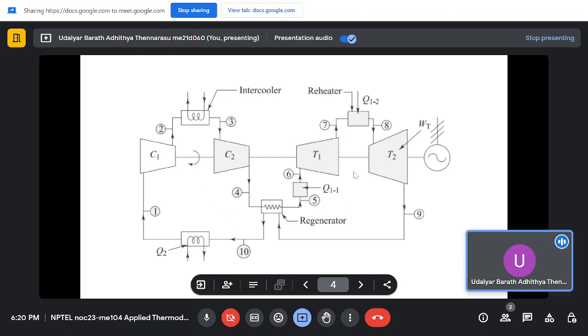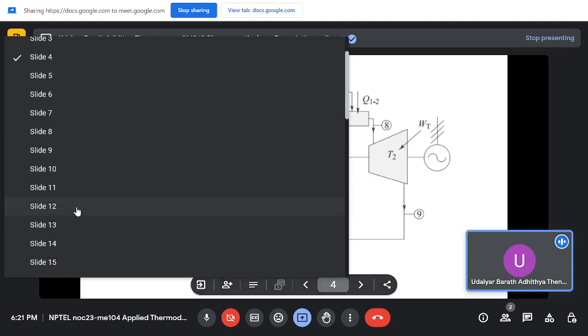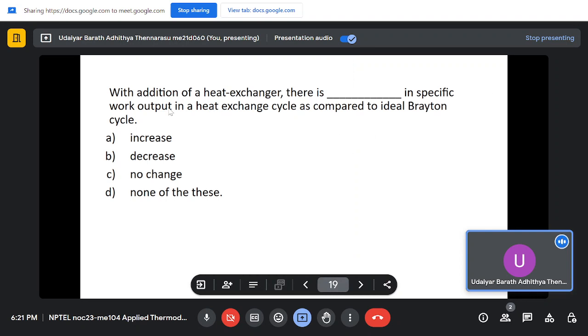Eventually your efficiency increases because your heat input is reduced, but you have the same amount of work produced in the cycle. So your net work output will remain the same, but your heat added will reduce. So with the addition of a heat exchanger, there is no change in specific work output in a heat exchanger cycle as compared to ideal Brayton cycle.